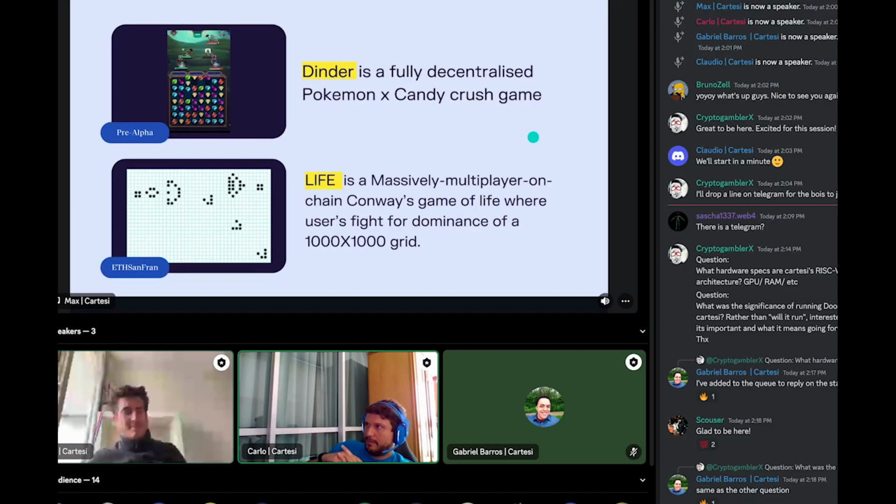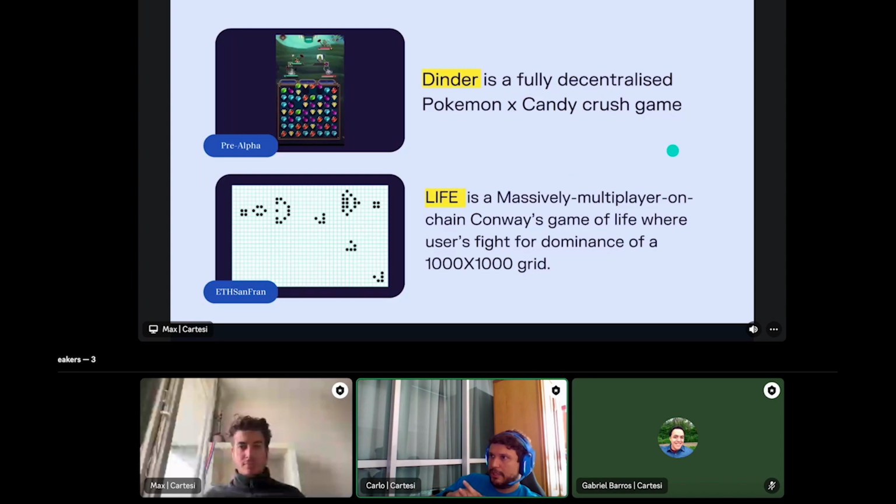There's this problem called Conway's Game of Life. It's studied in most computer science courses, and it's basically a simulation in which you have cells. They're either dead or alive. If they are dead and they have a certain number of alive cells in their vicinity, they become alive.